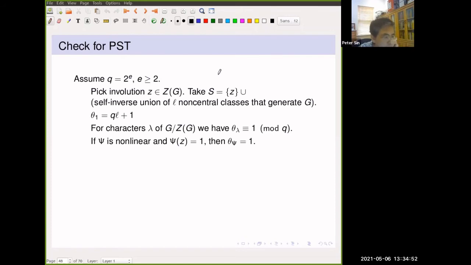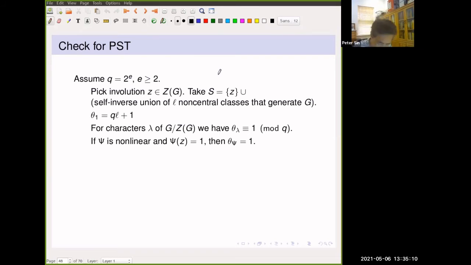Okay, and then if psi is a nonlinear character, it depends on whether Z is in the kernel or not. I mean if psi of Z is positive, that's a misprint.